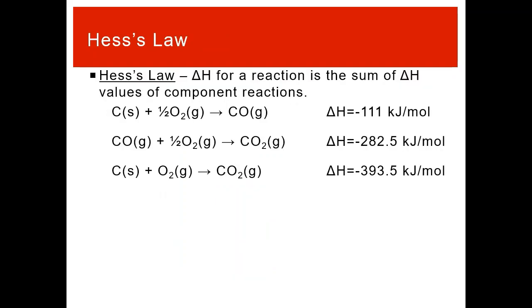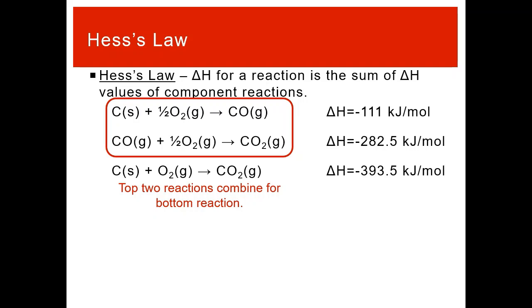So Hess's law says delta H for a reaction is the sum of the delta H values of the component reactions. If we take a look at it, these top two reactions are the small changes. Carbon becomes carbon monoxide, then that carbon monoxide reacts to give the overall carbon dioxide. Instead, it could just be the carbon and oxygen reacting all the way to give you carbon dioxide.